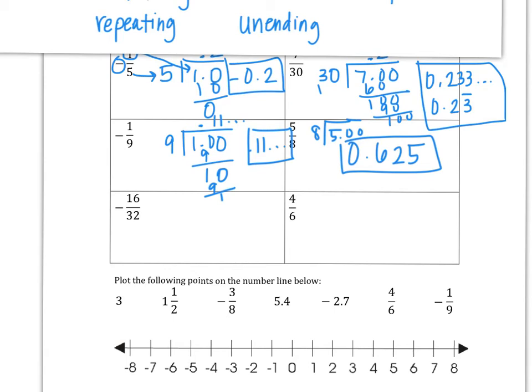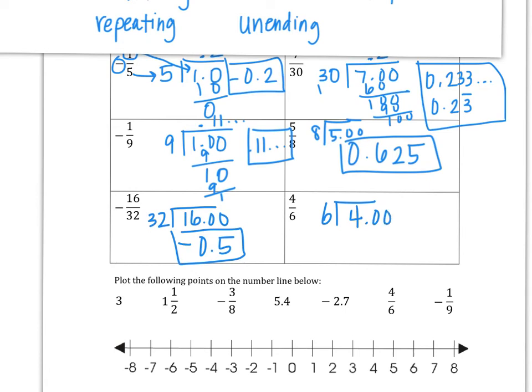If you divide that out, it's going to look like this, 16.00 divided by 32, and your answer is going to be a negative 0.5. 4/6 is going to be 4 divided by 6, and then do the math on that, and it is going to be 0.6 with a repeating bar. That's going to keep going on and on.